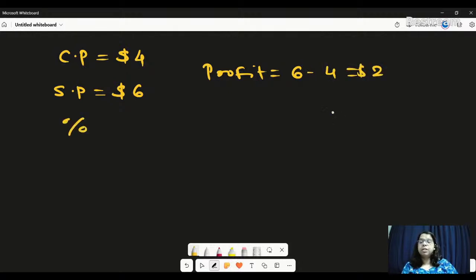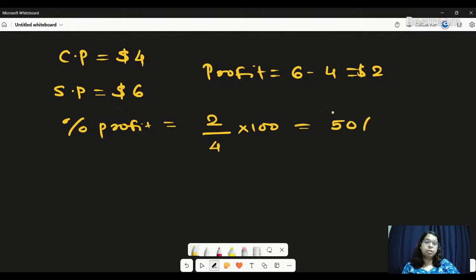So profit percent is equal to 2 over 4 multiplied by 100, that is equal to 50%. So they are marking up 50% profit. Now this is a very, very unrealistic figure. The profit percentages are not this high.